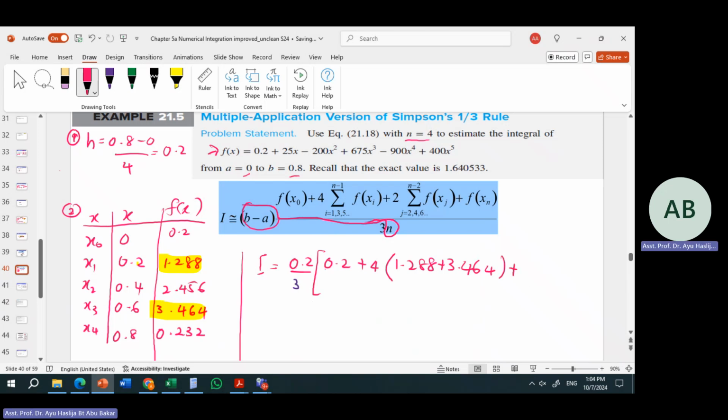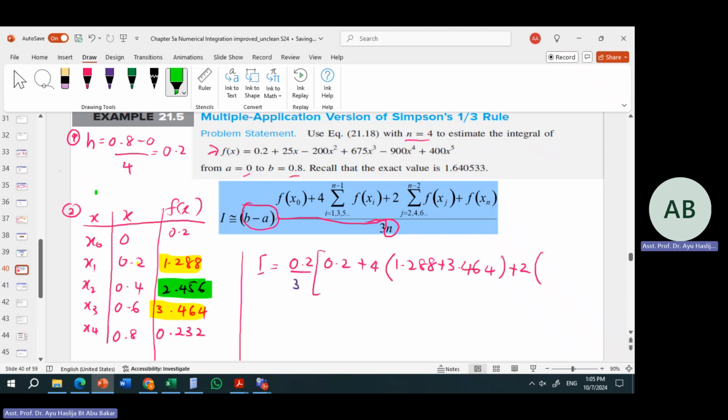Okay, then even data points. Now these even data points. Focus on even data points. x2, x4. You have x2 and x4. So even data points, which data points must be multiplied by 2? x2 only.